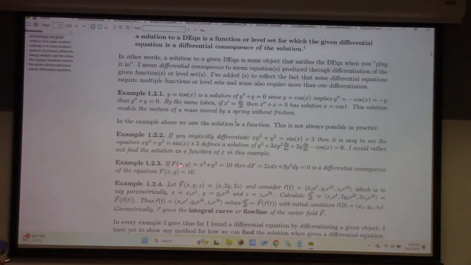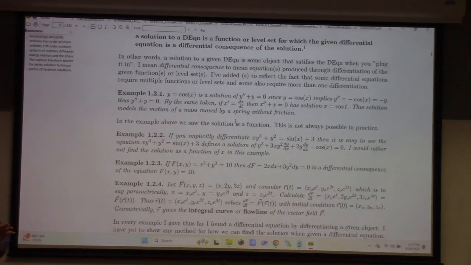Here's another one. If we have a function of x, y equal to x squared plus y cubed equal to 10, then we can take the total differential of that. Remember Calc 3, we learned about the total differential, so 2x dx plus 3y squared dy. Well, that's the differential consequence of this. So if we think of this as a differential equation, then x squared plus y cubed equals 10 is a solution to that differential equation.